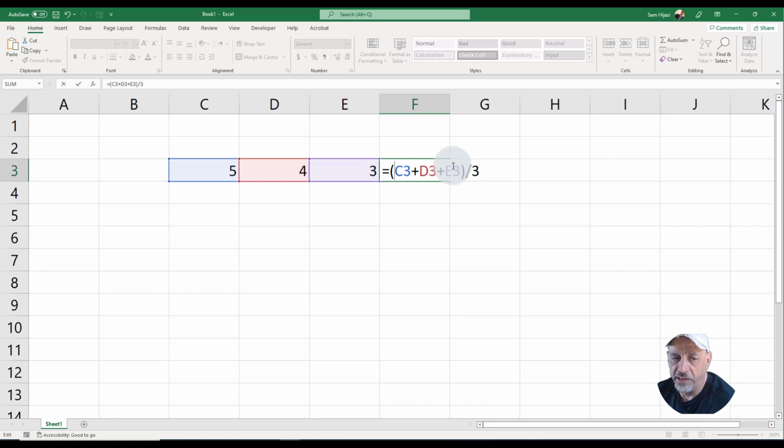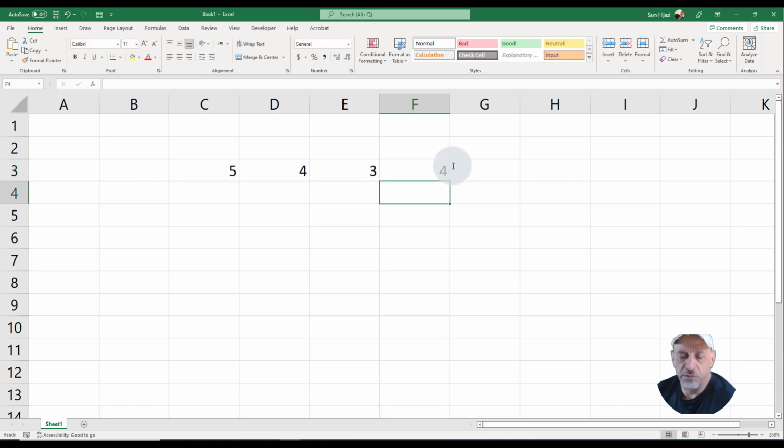So now it's going to add 5 plus 4 plus 3, which gives me 12. Then it's going to divide it by 3, and it's going to give me 4. You have seen how problematic it is if you don't think about how to give that formula to Excel to do the right calculation.